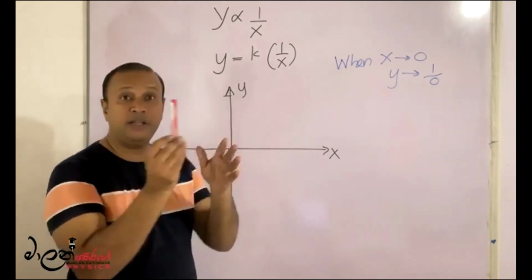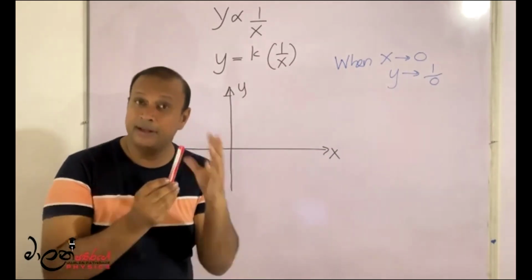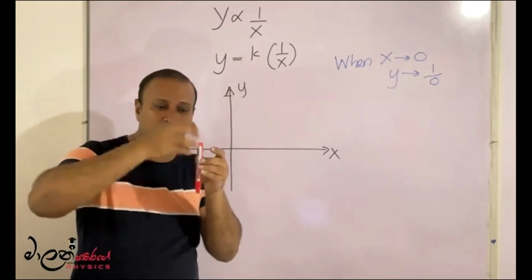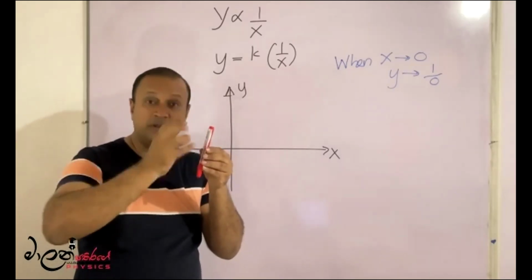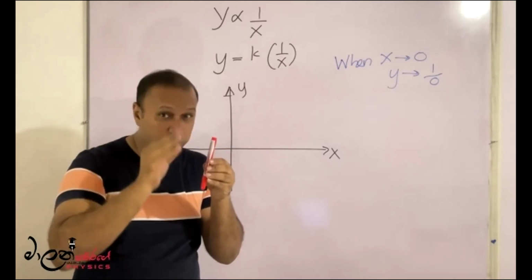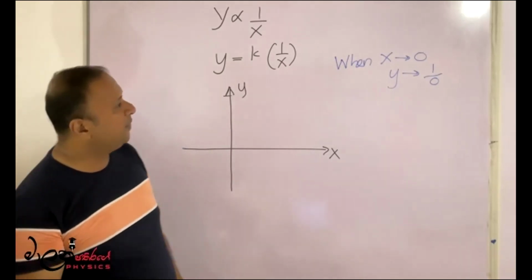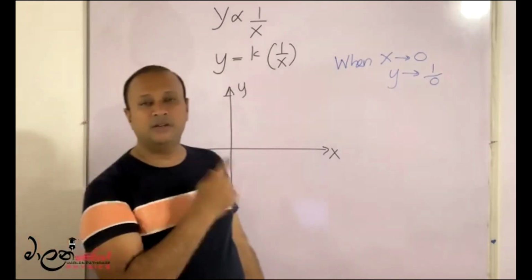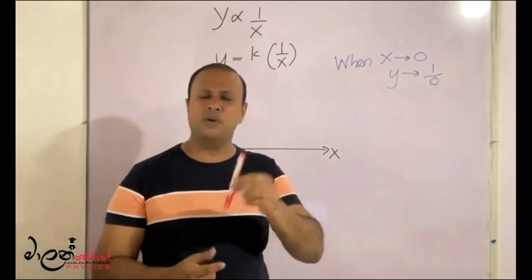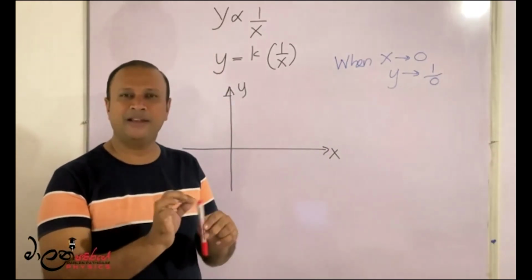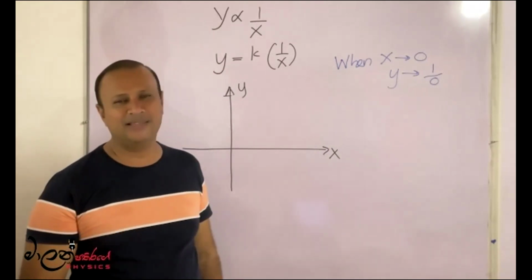If you divide it by 10, you separate it into 10 equal parts. If you want to divide this pen by 0, then you have to separate it into 0 parts. Is it?